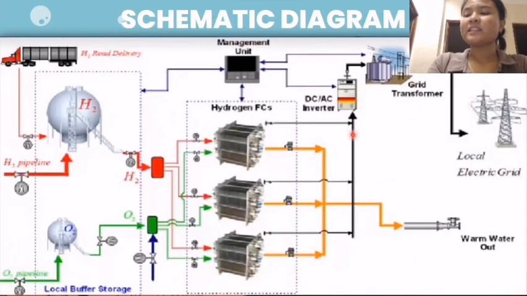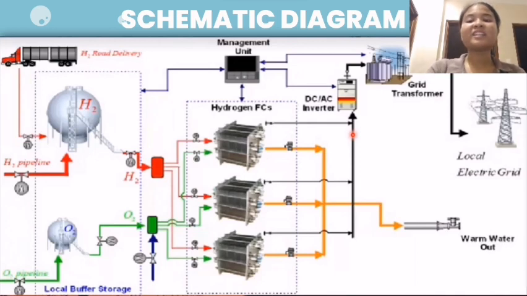So, for this part, we have the schematic diagram. So, makikita natin sa bandang kaliwa, may nakita dalawang tangke dyan. Nakalagay is hydrogen tank and the oxygen tank. So, yung hydrogen tank, nagsusupply siya ng anode, while yung oxygen tank naman, nagsusupply siya ng cathode.